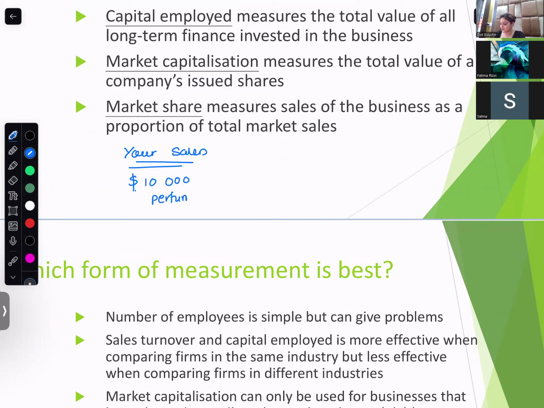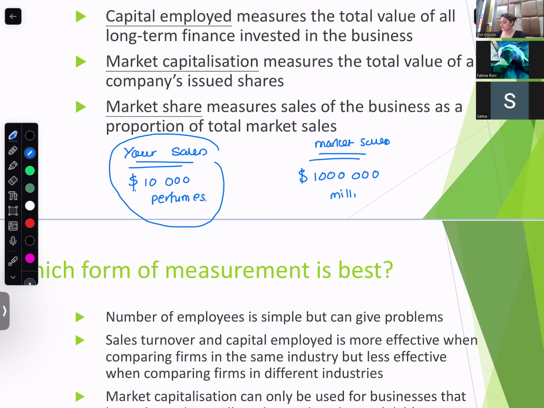Your industry is of perfumes. This is the sales of your company. But the market sales is say 1 million.